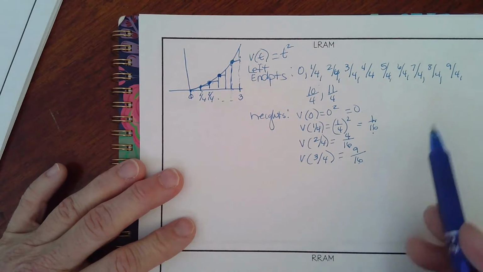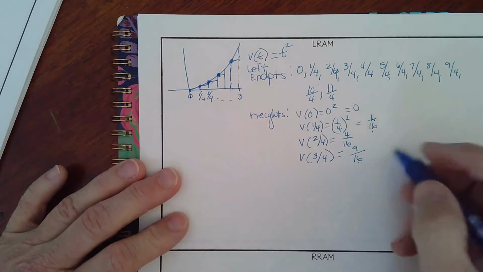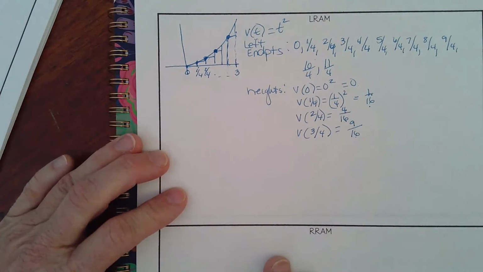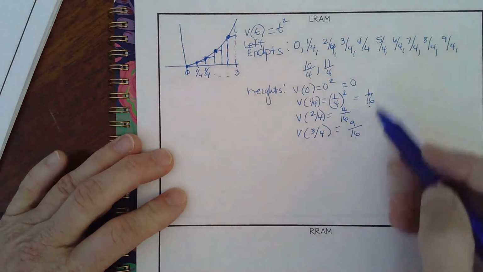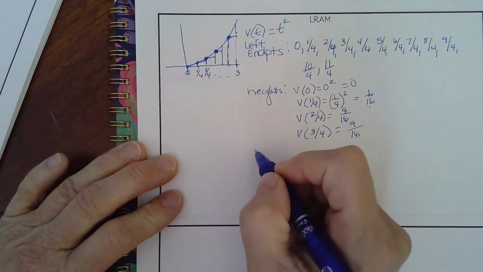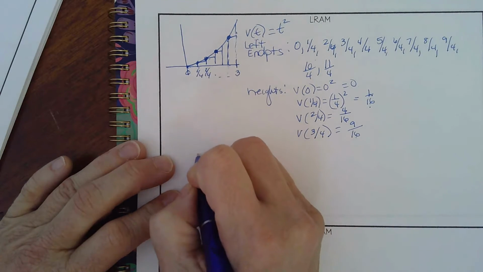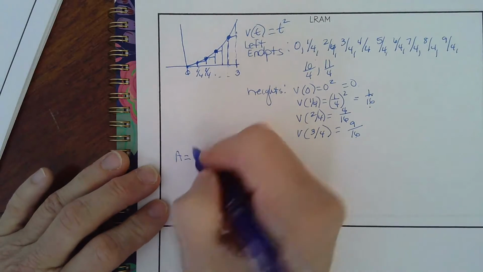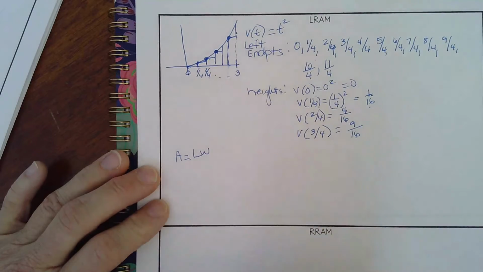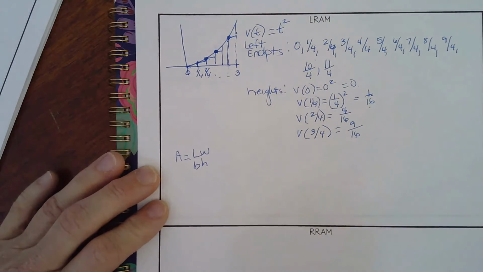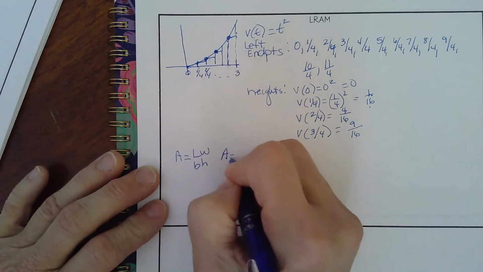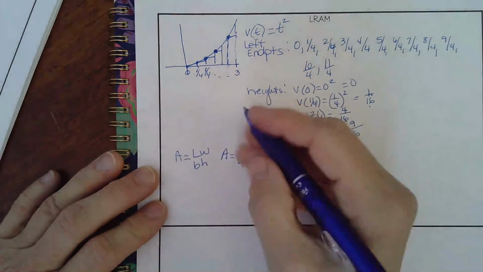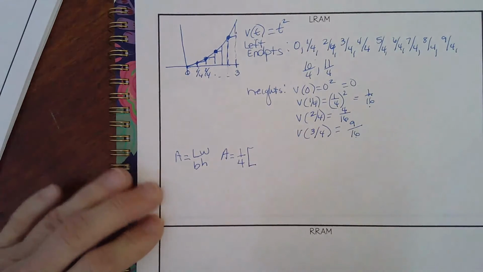So if I want to find the area, then I think I have enough information to pick up on the pattern for all of the heights, and all of the widths are going to be the same. So remembering that area is length times width, or base times height, our area can be found by taking the 1/4, which is that common width, and multiplying it by the sum of all the heights.